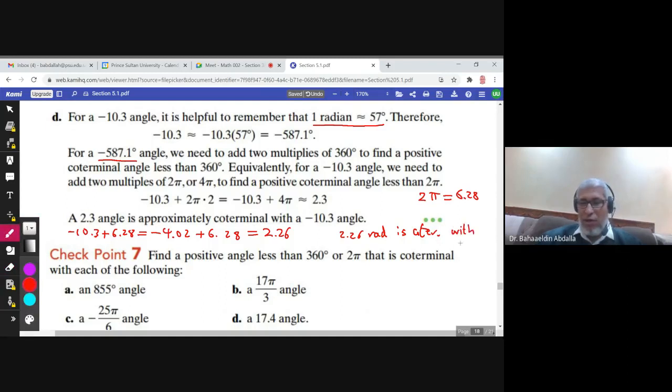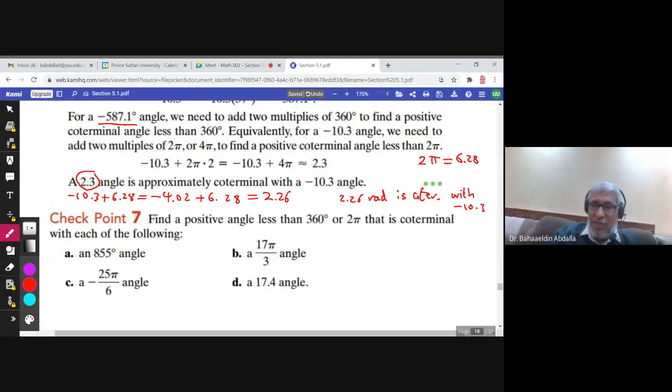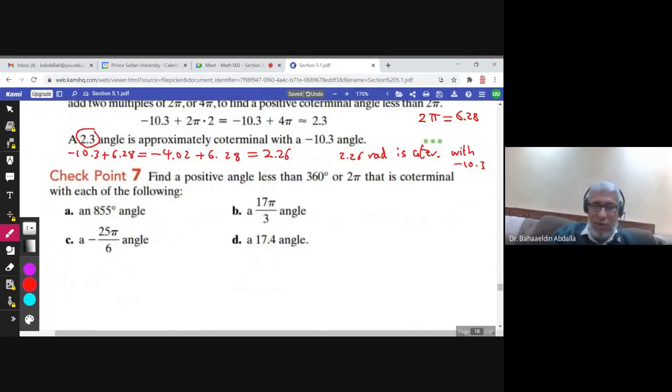Simply, I wrote 2 pi as 6.28, and I added 6.28 twice to negative 10.3, and I got 2.26. Well, you can write it as 2.3, or it is actually 2.26. This angle is coterminal, positive, less than 2 pi, and coterminal to negative 10.3.